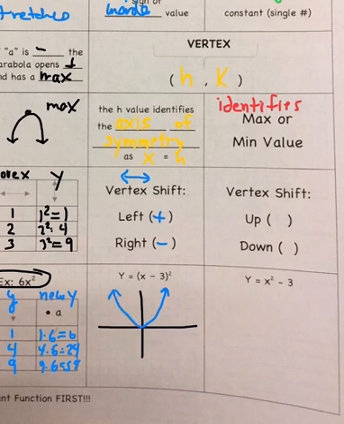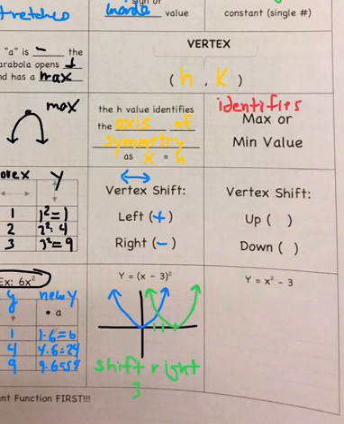This graph here shifts to the right 3. So it moves everything to the right 3. Shift right 3. And when we're graphing these, we always want to graph our parent function first.